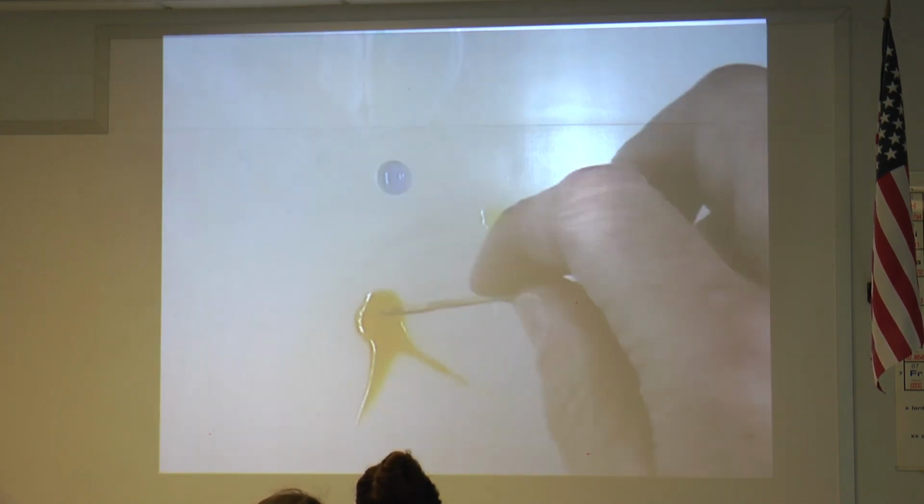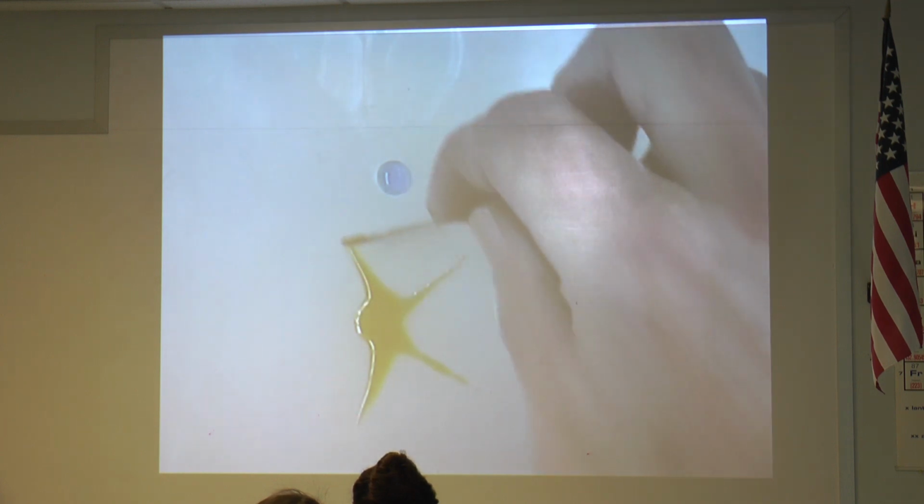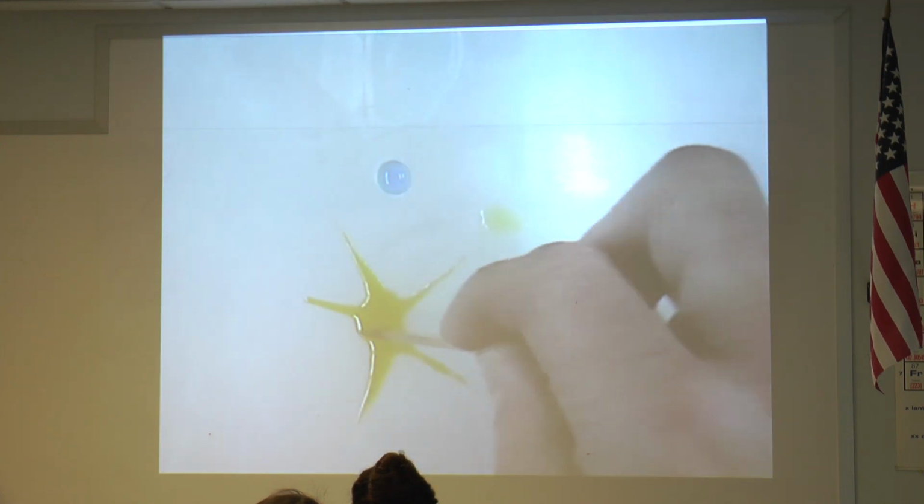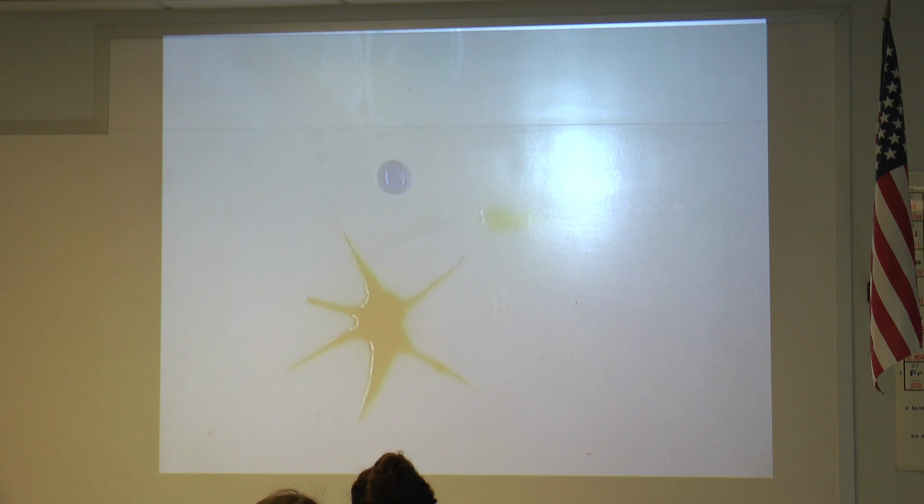I can make a nice sun, but I can't drag it around the world as a continuous droplet, because there is no attraction going on inside these, no partial charges or anything inside here.